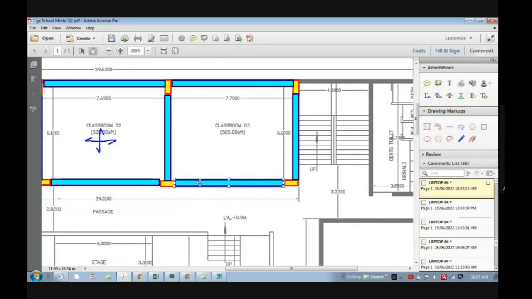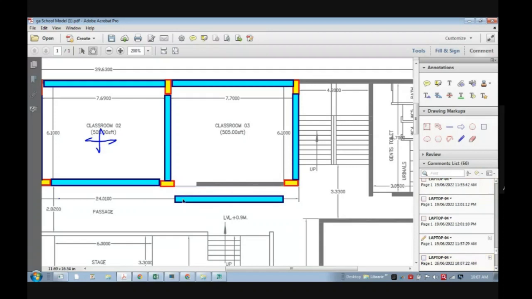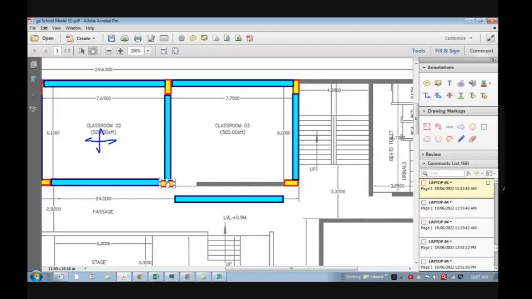Now, as we have already discussed, if you want this column position, then you need to shift the door. So you can ask the architect, please shift the door a little bit so that your column will not have any issue. Otherwise you can see here, ideally in architectural planning, the door starts from here, but your column size may be bigger and it may go inside the opening.